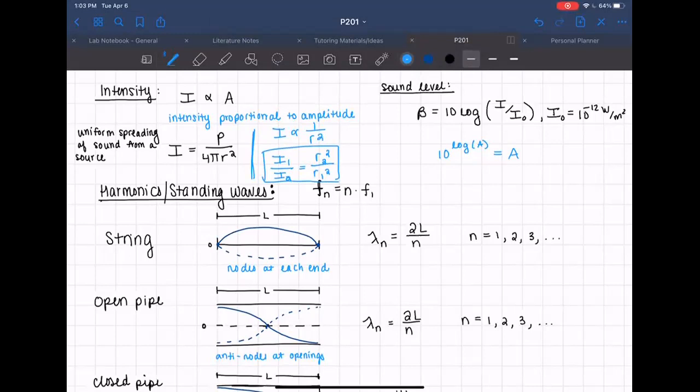The other thing I included down there, just again, if you guys need it, is how you would get rid of that log. I know on the practice test, they gave you a question where they gave you the intensity and you calculated beta. But I think you're more likely to see the other way around, where they give you beta and you have to calculate I, and then it's like, how do I get rid of this log?